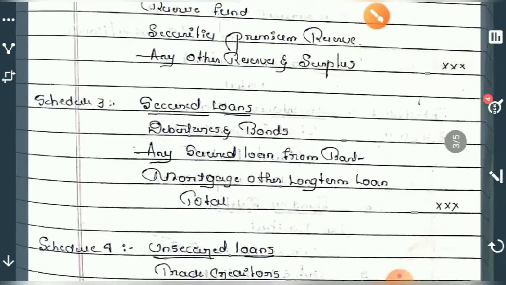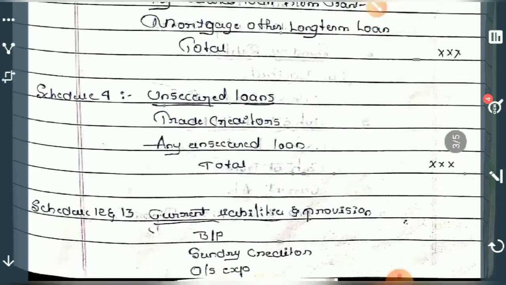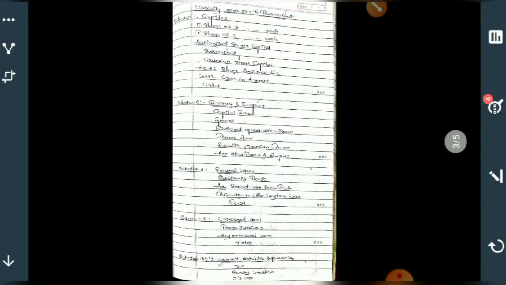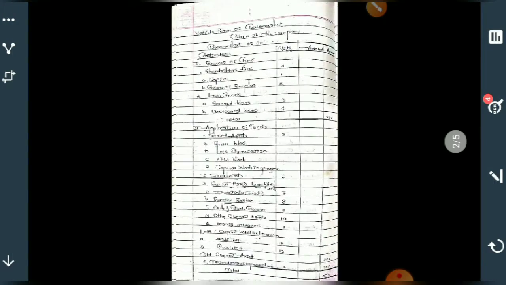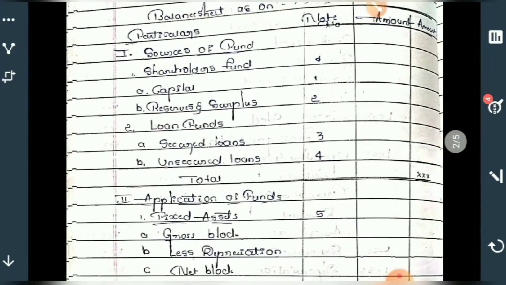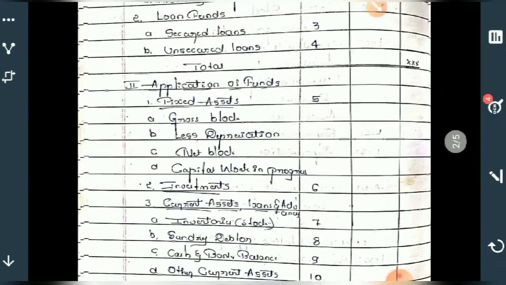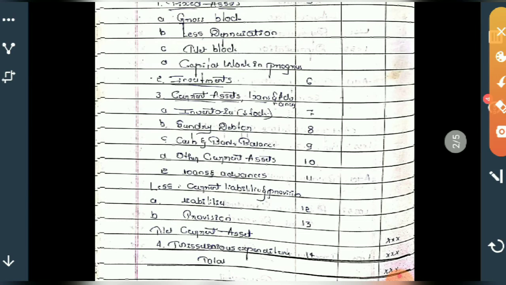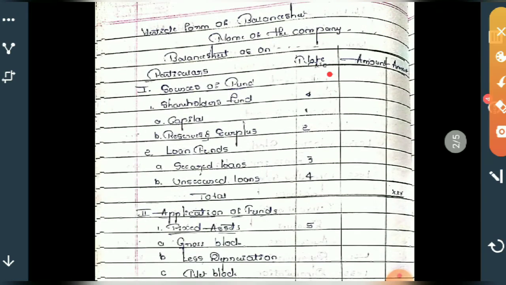Then next you have to go to Schedule number 12 and 13. Why do you have to go to 12 and 13? It is still 1, 2, 3, 4, isn't it? But the main thing you should remember is that in the horizontal balance sheet, these 12 and 13 are current liabilities and provisions. Generally liabilities come on the liability side, so you write them there.